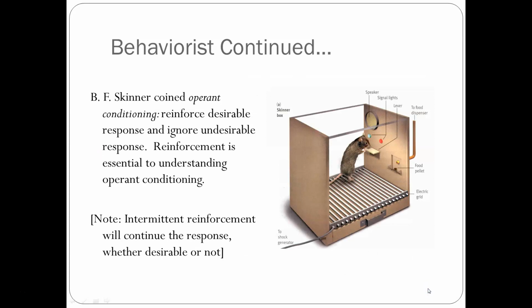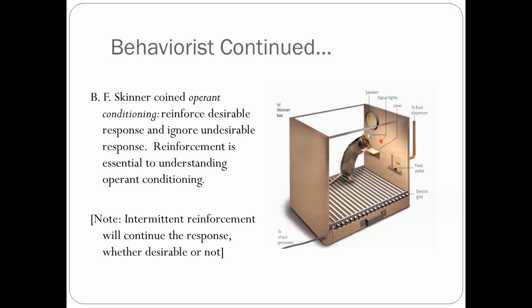B.F. Skinner is often thought of as the behaviorist guru or original researcher, but he really built on Thorndike. It's operant conditioning, which reinforces the desirable response and ignores the undesirable response. We tend to want something that will punish.